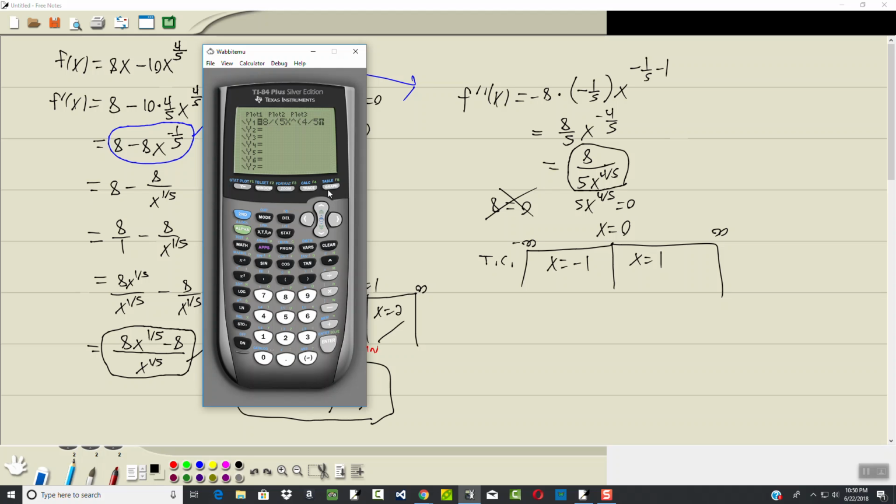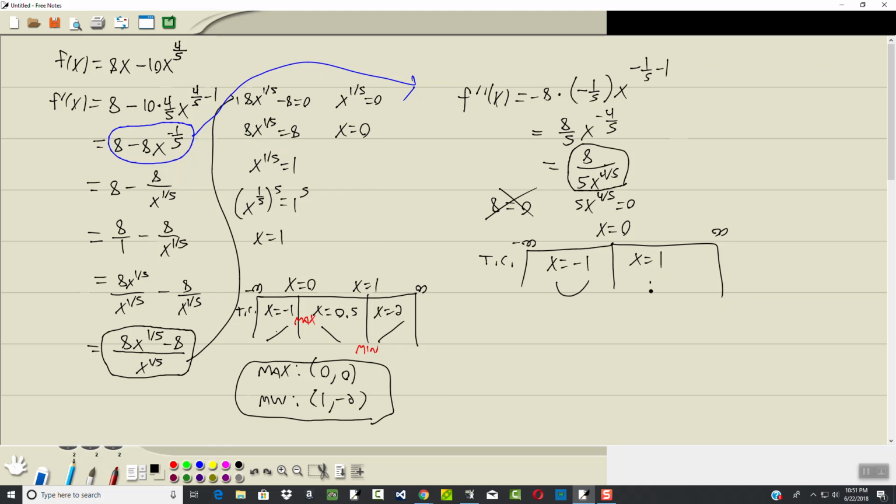Go to my table and delete those. Then I'll put in negative 1 as my test case and positive 1. Both of these come up as positive. Since there is no change in the concavity, that means there is no POI, no point of inflection.